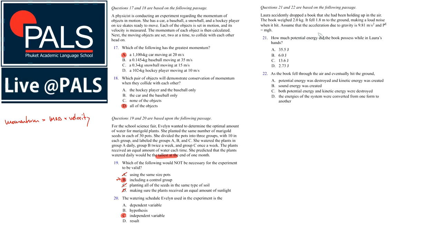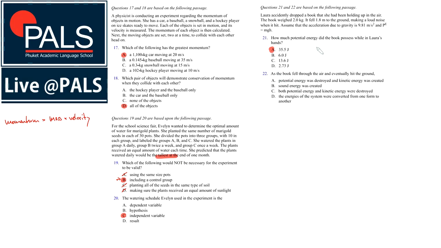So we just have to multiply these numbers together. 2 times 1.8 times 9.8. So that should be roundabout 1.8 times 10 more or less is 18, times 2, 36, a little bit less because 9.8, so the correct answer is A, 35.5 joules.